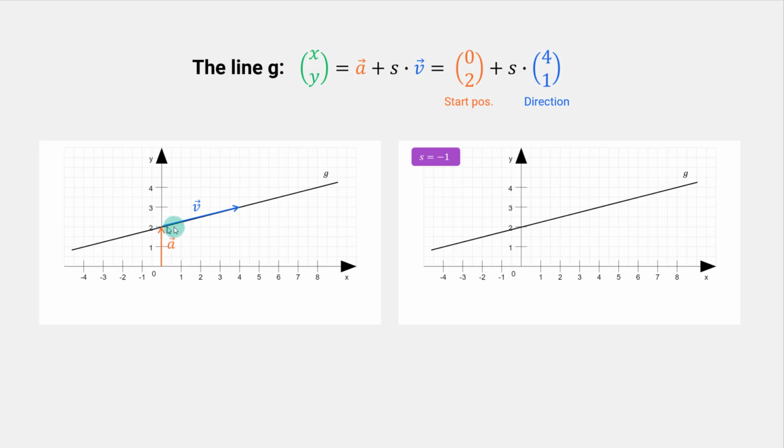Now instead of going into that direction, we go into the other direction. So we have -1 times v, and we will land here at this point. And again, the resulting vector, the green one, is a vector that points from the origin to this point here on the line. And you already see probably that by plugging in different values for s, and we can plug in any value, we will reach any point here on this line g.